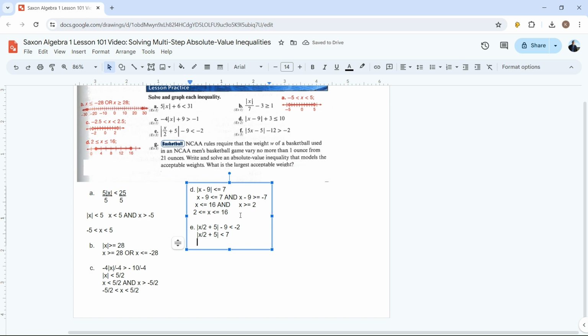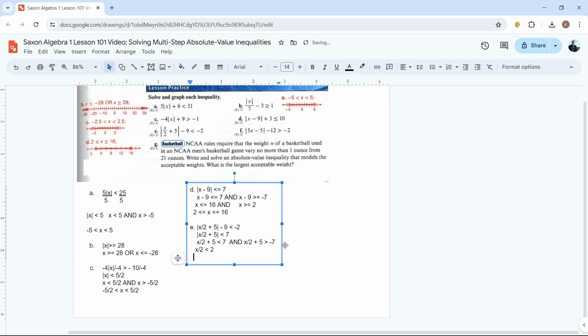So it's going to be x over 2 plus 5 is less than 7. Less than is the and, so I'm going to write and it's going to be x over 2 plus 5 is greater than negative 7. Okay, excellent. Now I am going to solve this left-hand side inequality. I'm going to start by subtracting 5 from both sides. x over 2 is less than 2.